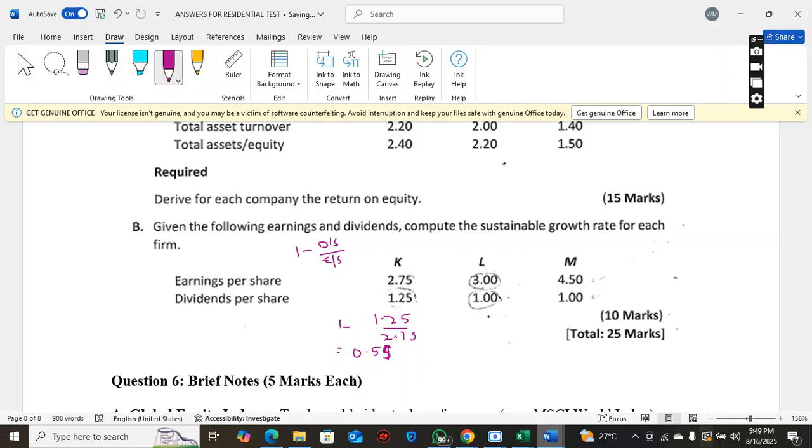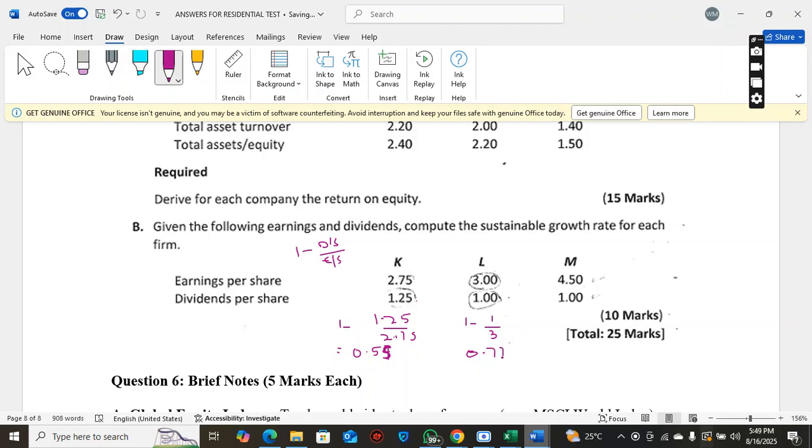Company L, dividend per share 1 divided by earnings per share 3. So it's 1 minus 1 over 3. I think 1 over 3 is 0.33, so 0.67.